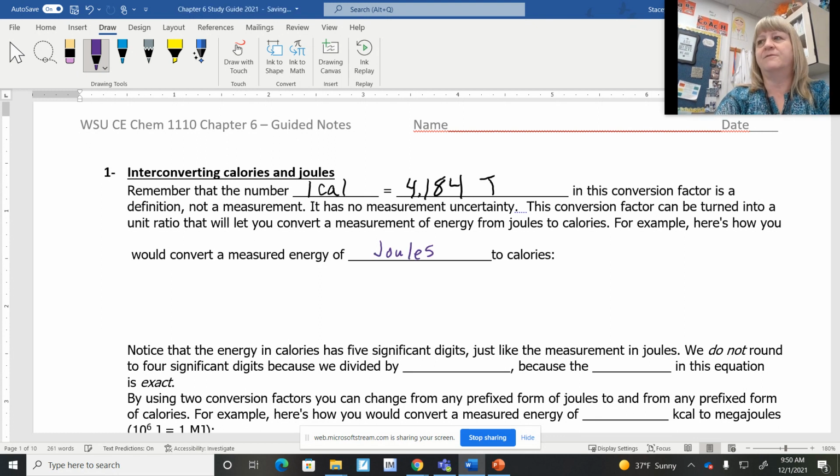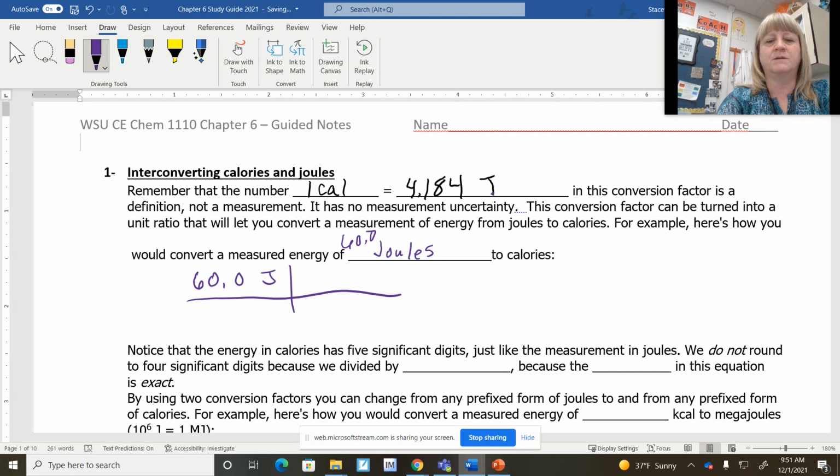So if I had, for instance, 60.0 joules, I'd go 60.0 joules, and I would do the conversion factor, that's a J by the way, 4.184 joules on the bottom, and I would put 1 calorie on the top, and then I would cancel joules out.